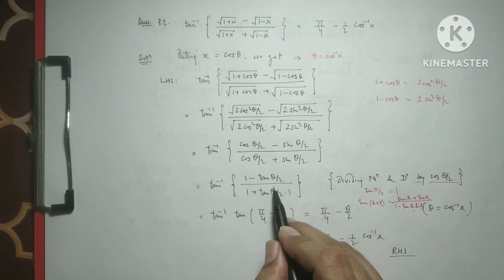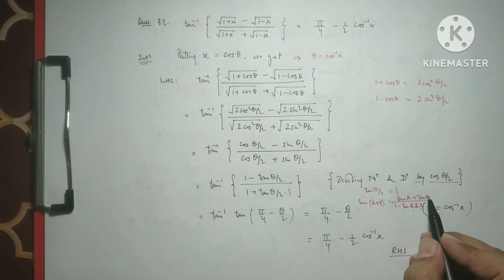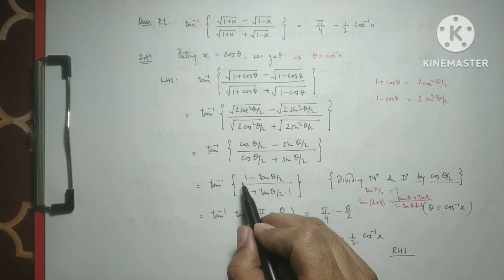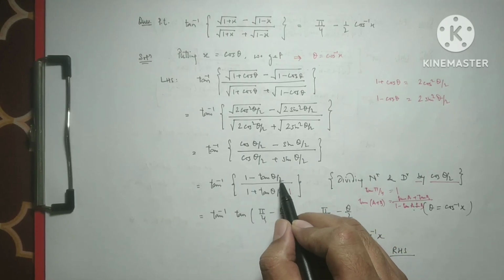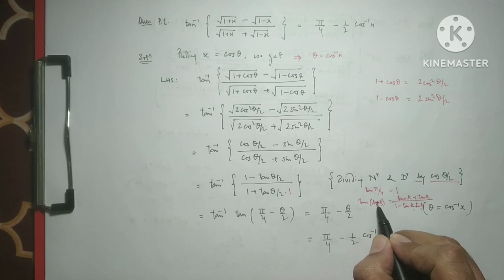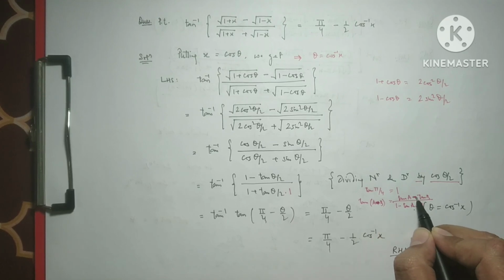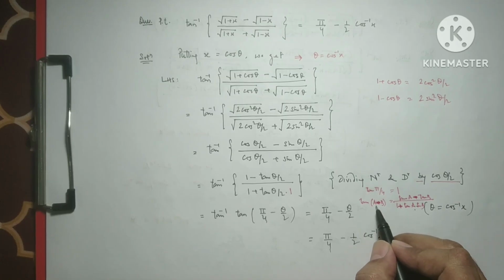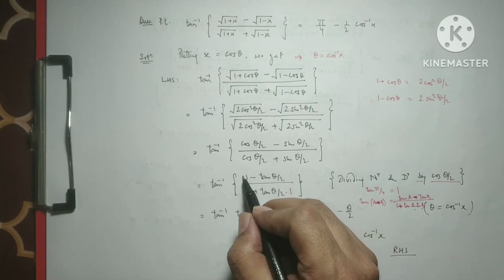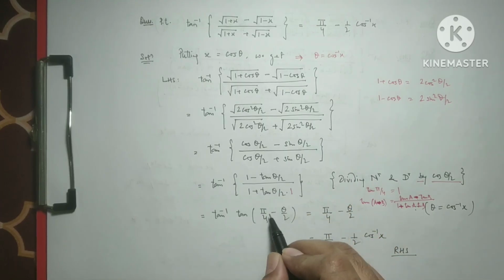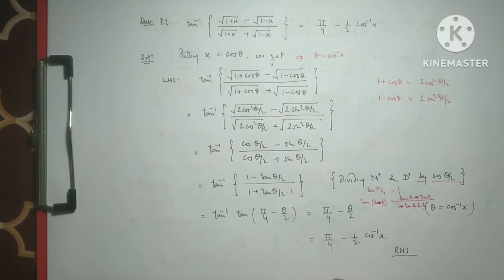So we compare this with this formula, and we can write this expression in place of this. The first angle is pi by 4, the other angle is theta by 2. According to this, we have the relation tan A minus B, which is the tan of the first angle minus the second angle. So we can write tan inverse of tan of pi by 4 minus theta by 2.